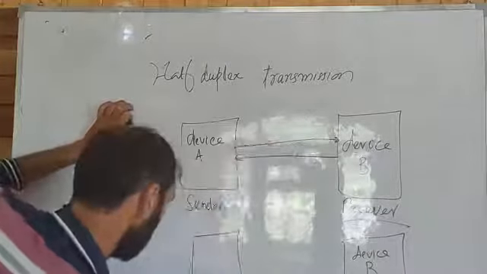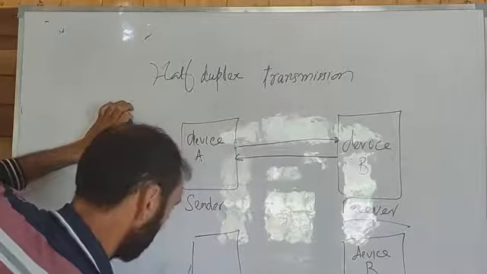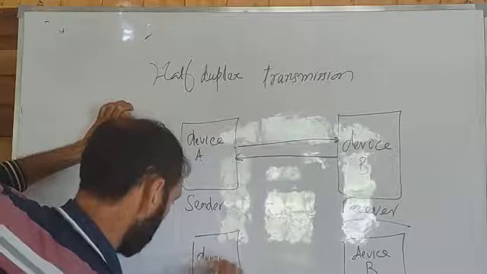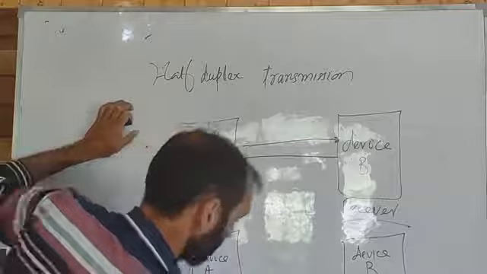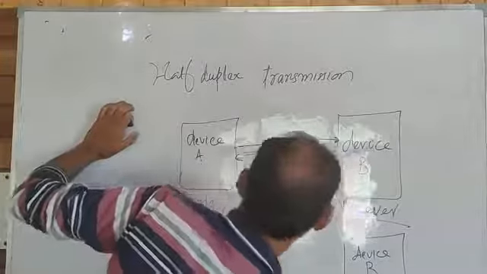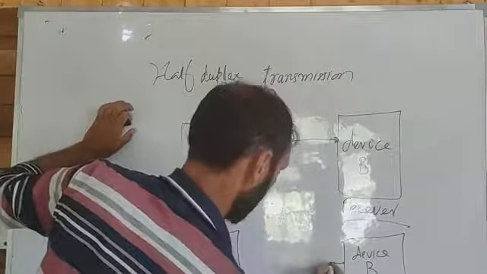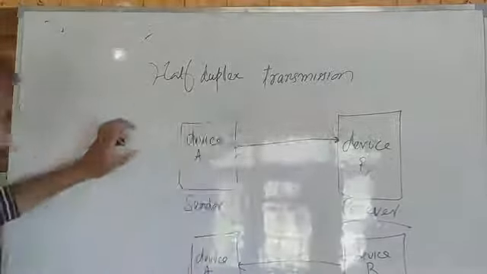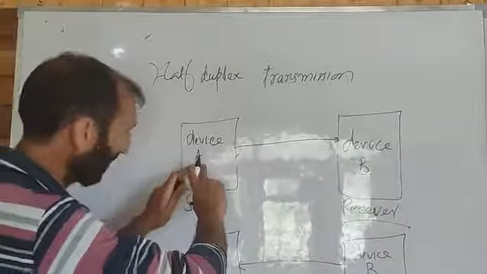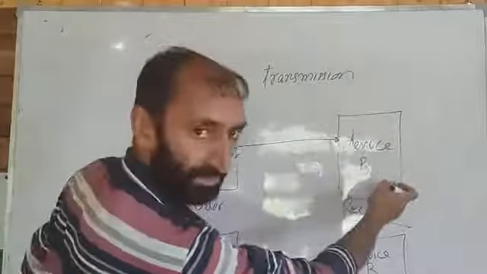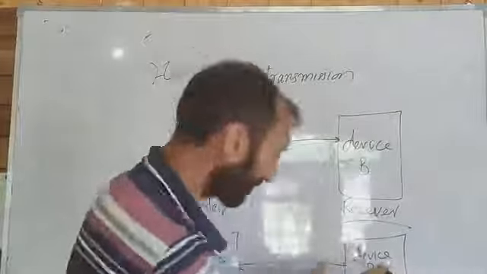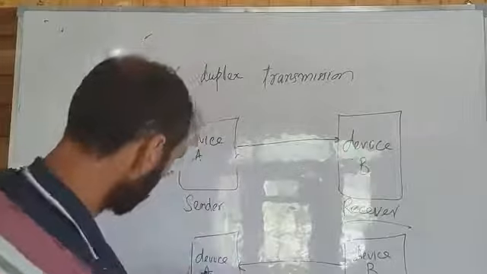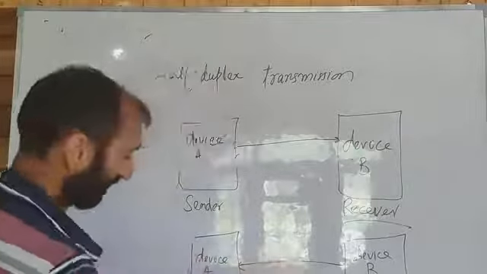Device A sends data to device B, and B receives. When B sends data, A is the receiver.